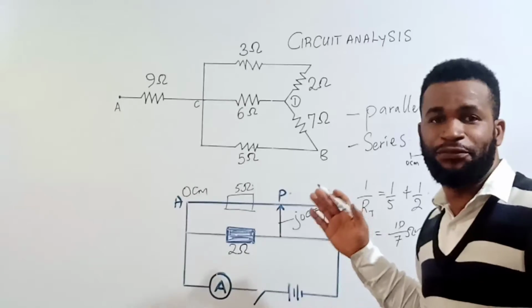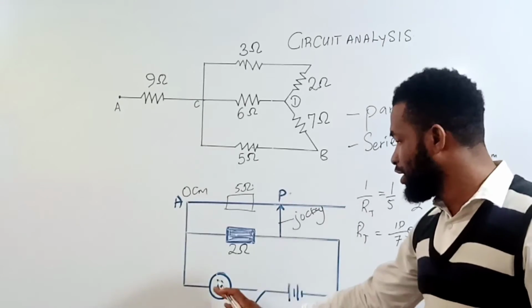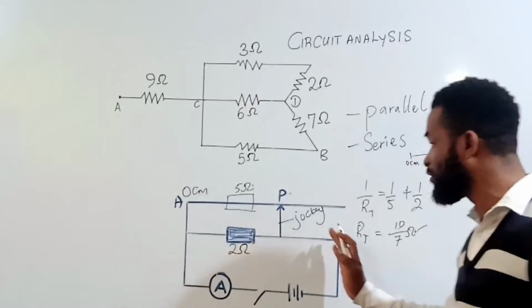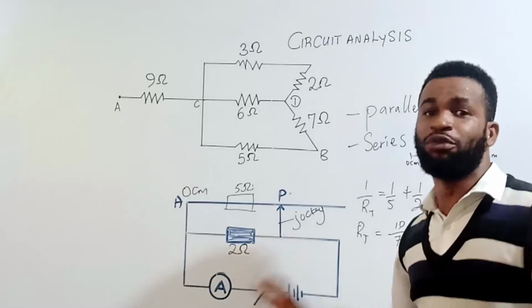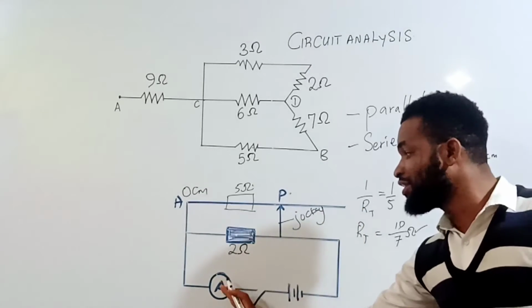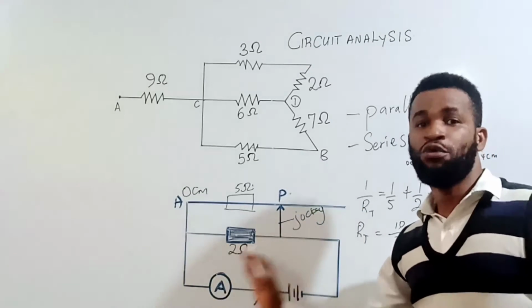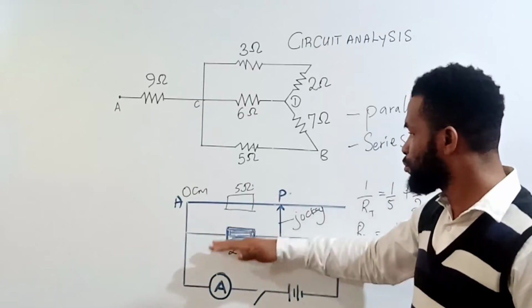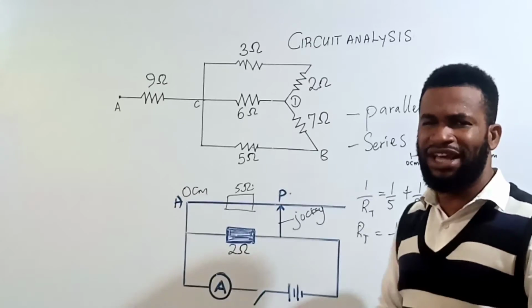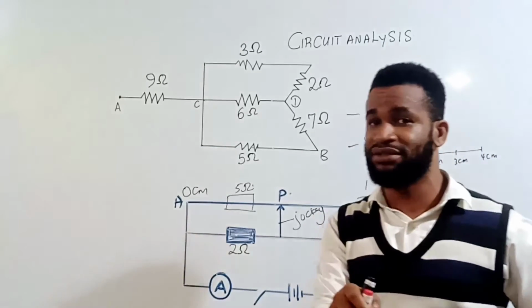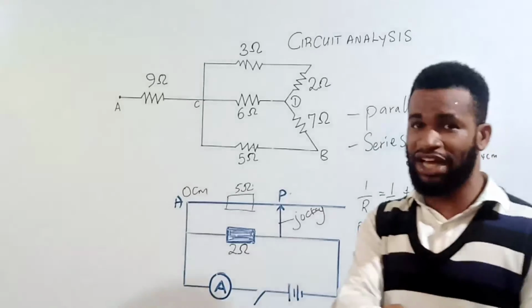If you put it at 20, this one will reduce. If you put at 30, it will reduce. If you put at 40, it will reduce. So the current recorded by the ammeter will be reducing as you are increasing in length. But that is all about connecting this in parallel. There are many conditions about that. The time for this video will not be enough for us to explain it. But probably later I will do that.